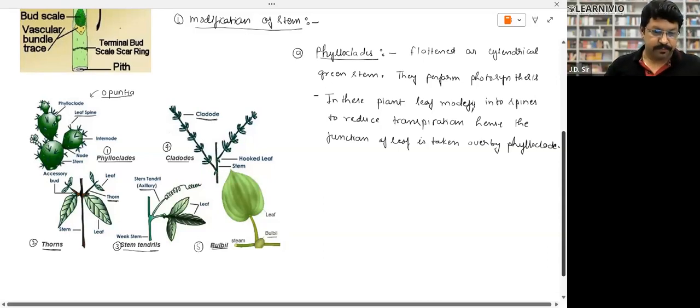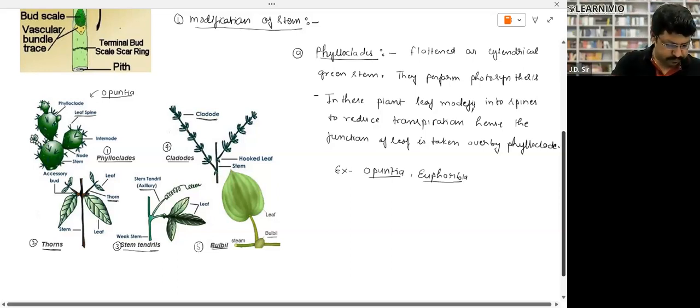Example, Opuntia. The diagram is in front of you, Opuntia and Euphorbia. And one more thing you can add on: they are found in xerophytic conditions.